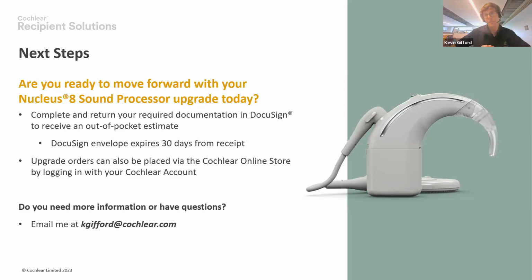And the Nucleus Smart app now is compatible with the Nucleus 8, with the smartphones or the tablets. So just the connectivity, the size, and then the quality of sound. They definitely improved from the 6 to the 8, filtering out that background noise for you so you could hear better in noisy environments.